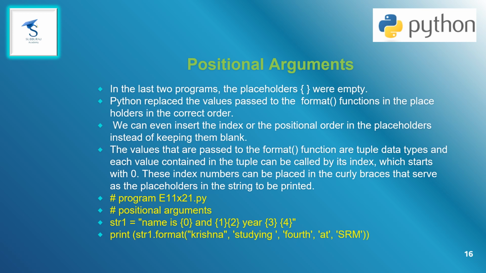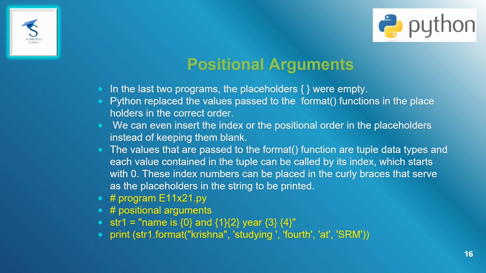The last one had empty braces as placeholders, and the one before it was percentage s. But here you can also give an index. So we can even insert the index or the positional order in the placeholder, instead of keeping them blank. This is better, isn't it?